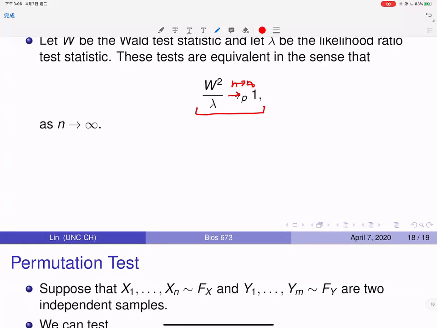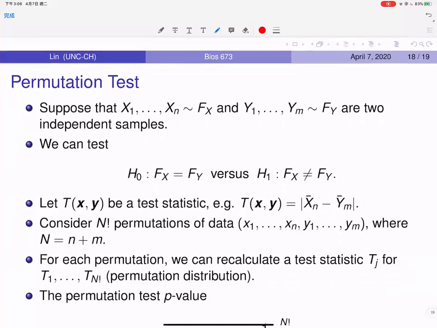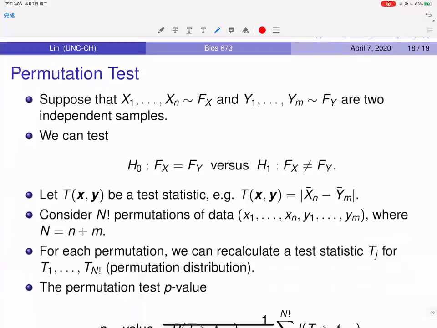The final thing I want to talk about is the permutation test. You guys might have heard about that. I don't know how many of you actually do that right now. But this testing is really intuitive and makes really no assumptions. I want you guys to have a sense of what you are doing right now.